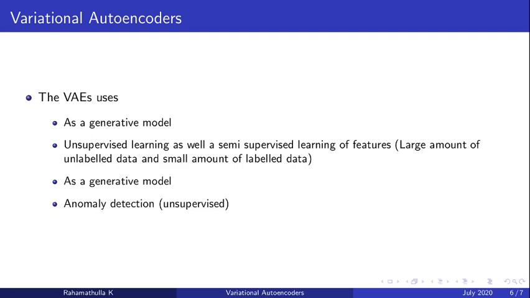For example, if you have a large amount of unlabeled data, and out of that some of the data are labeled, which is a more realistic scenario, then also we can use variational autoencoders. And this can be used for anomaly detection also. Since we use probabilistic approximation, we can very well avoid some of the difficulties which are available with dense or stacked autoencoders.